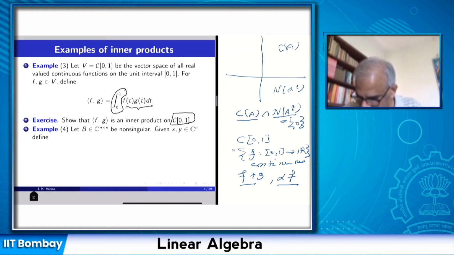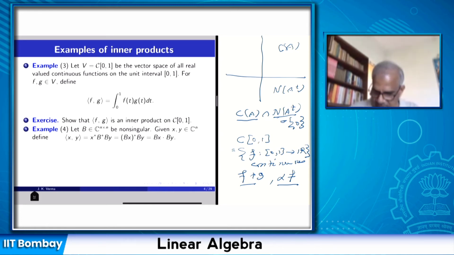Let B be a non-singular matrix. Non-singular is the same as invertible; it is another word for an invertible matrix. Take a non-singular matrix and take 2 column vectors x and y in Cn. Now introduce the inner product of x and y to be x* B* B y, where B* is the conjugate transpose of B. It's an n by n matrix, and so B*B is an n by n matrix, and so I can multiply.